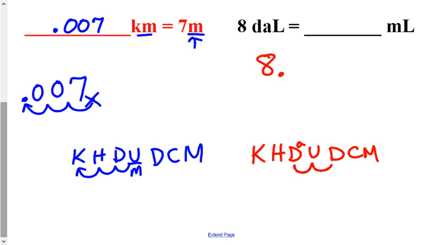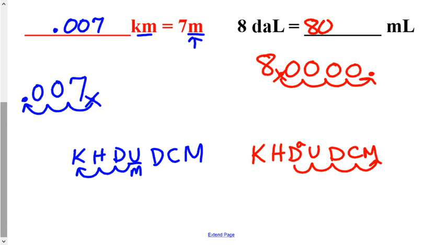So that's going to be 1, 2, 3, 4 places to the right. So I pick up my decimal and move 1, 2, 3, 4 places to the right. My decimal's now here instead of here. And I fill in these 4 spots with zeros. So I end up with 80,000 milliliters. 8 deciliters equals 80,000 milliliters.